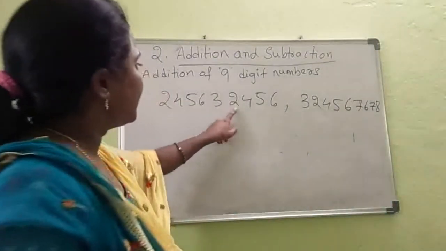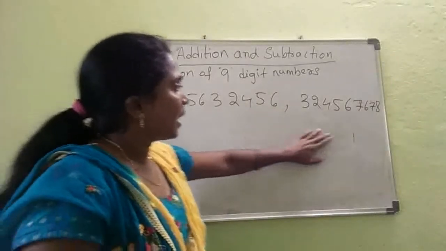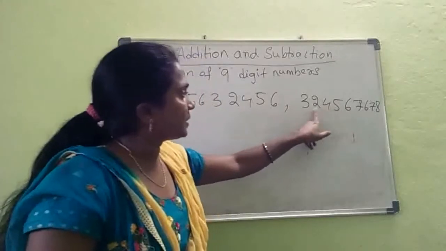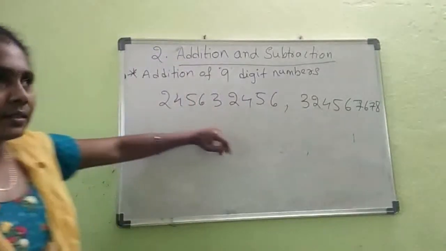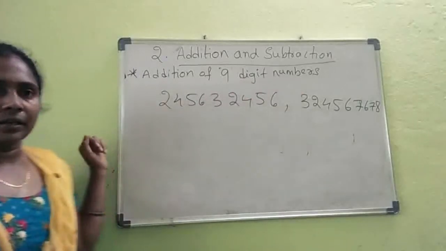See how many digits this first number contains, that is 9 digits, and the second number also, how many digits does it have, that is 9 digits, right? Now we are doing the addition of 9-digit numbers, right?